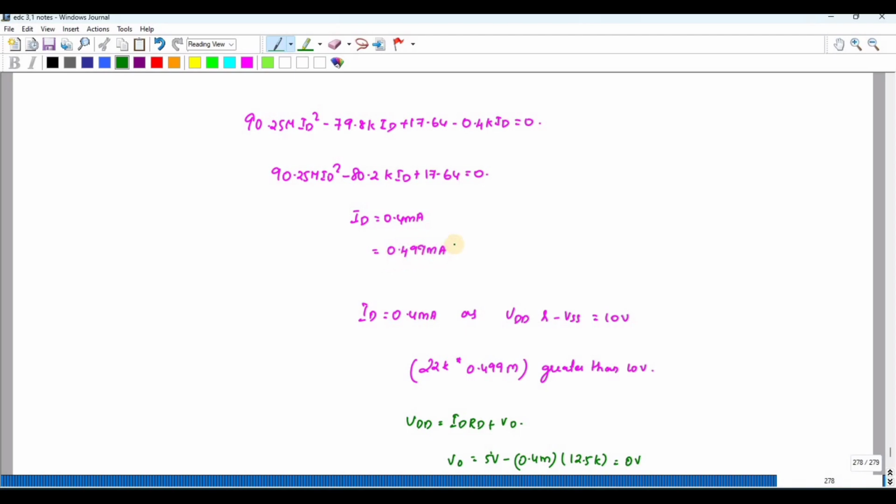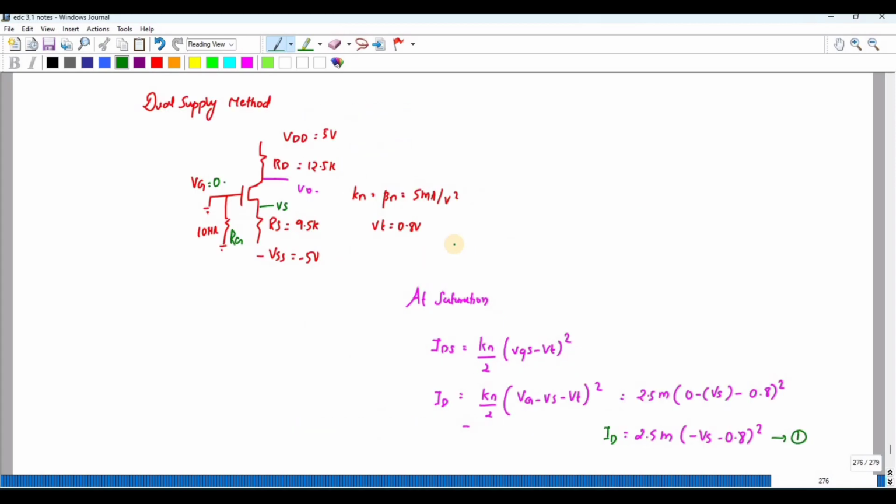If I take ID equal to 0.499 milliamps, from this equation I can write what VDD is. The maximum value of voltage is 10 here.